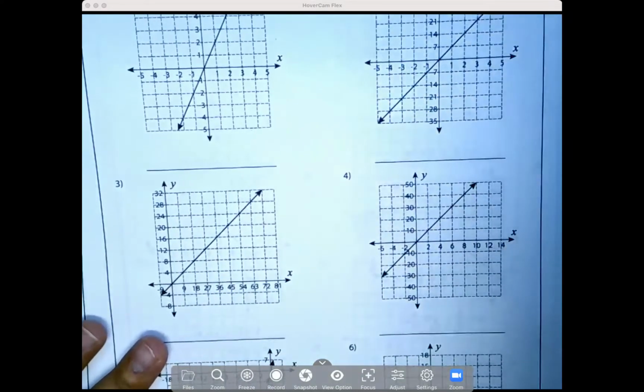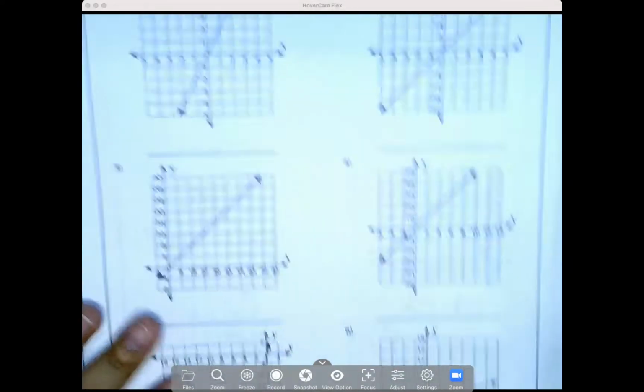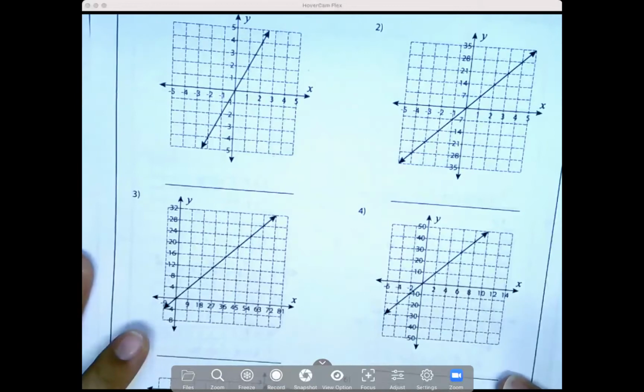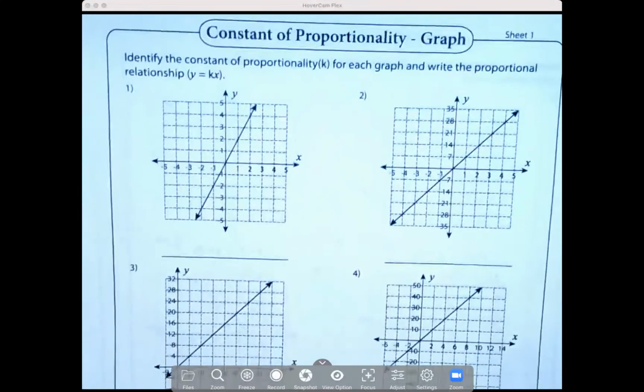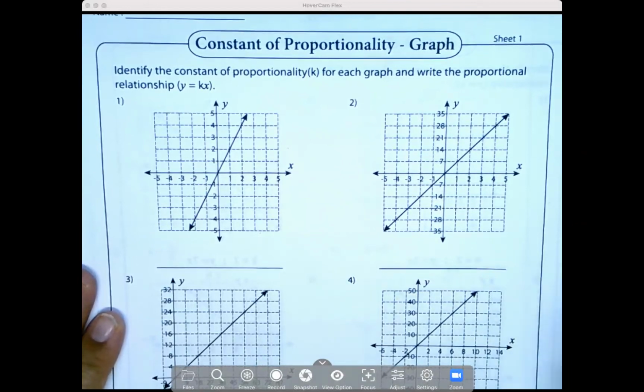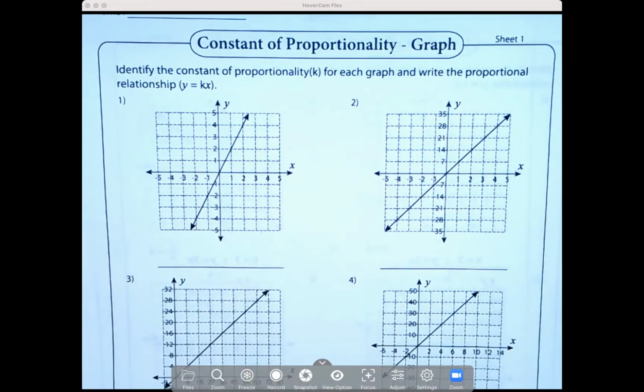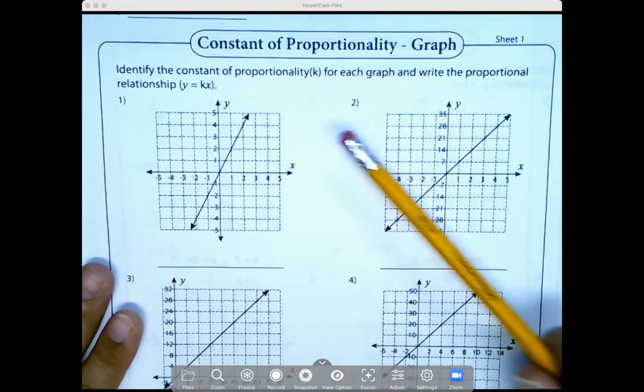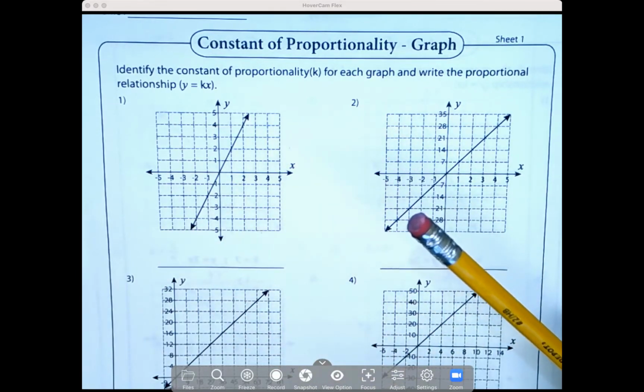My next graphing page says identify the constant of proportionality for each graph and write the proportional relationship y equals kx. So we've already done some of this with the other worksheets, but this is just to reinforce with only a graph what this looks like. I'm going to pause for just 1 second.